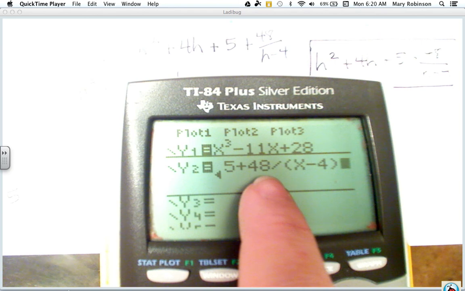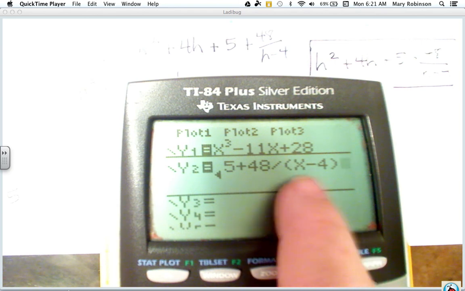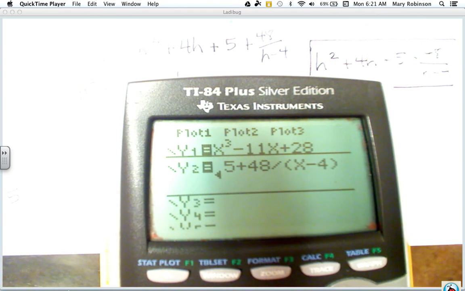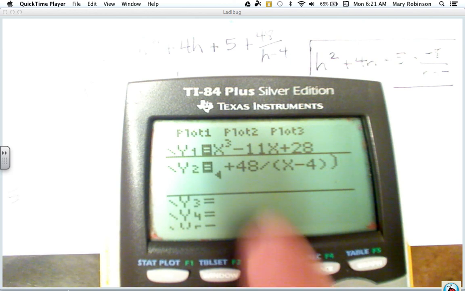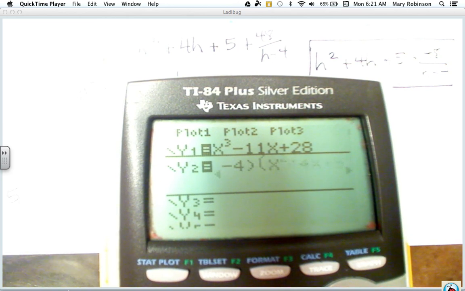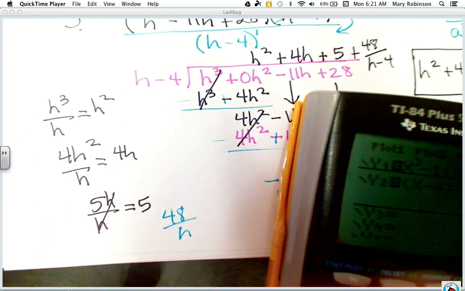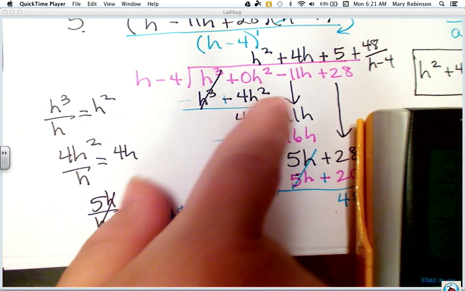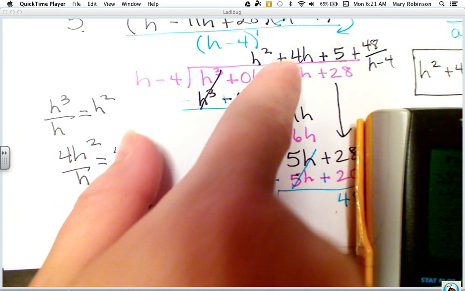So if it's 48 divided by x minus 4, make sure you do parentheses around the x minus 4, then another set of parentheses to close off the entire quotient, okay? So I'll go back here to the beginning so you can see what it looks like. That was x minus 4, which was the number here on the outside, times this. So this times this should give us this.